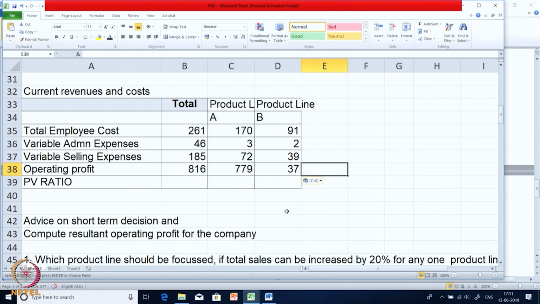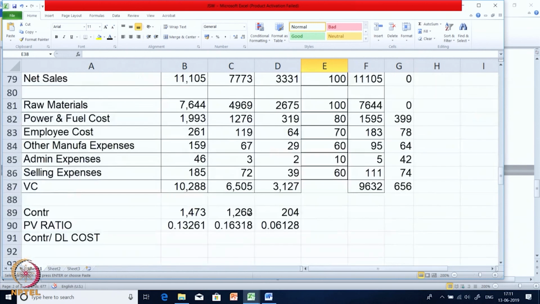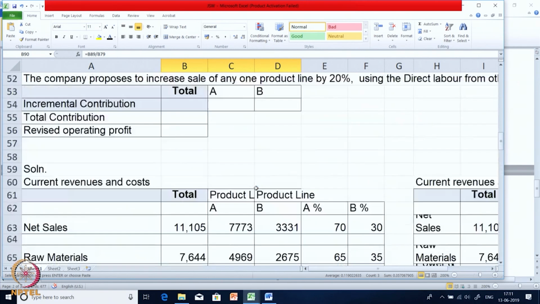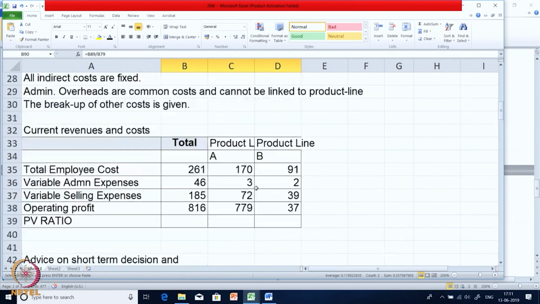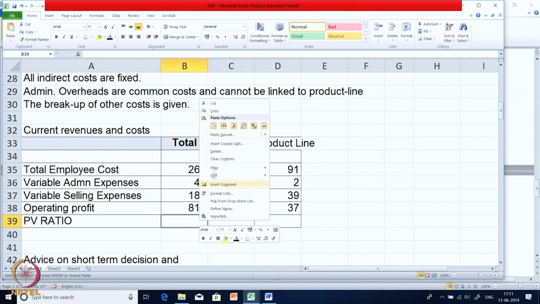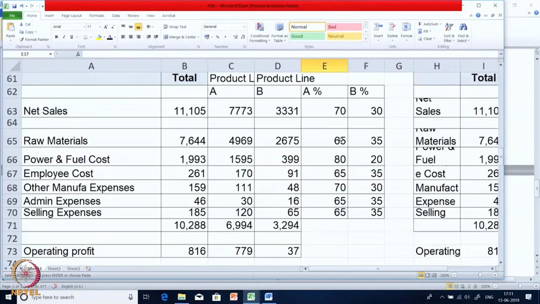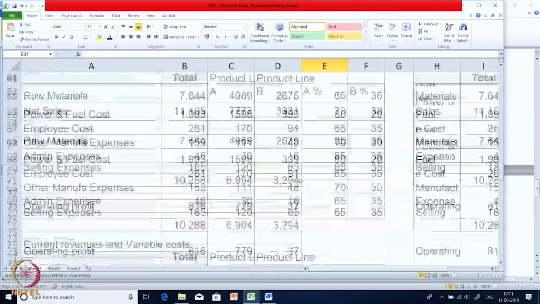I hope you are able to do with me. And the last one was PV ratio. We have already calculated the PV ratios, both for the company as a whole and as per the product line. Okay, so you will be able to easily mention the answers for the first part if you do these two working notes carefully.